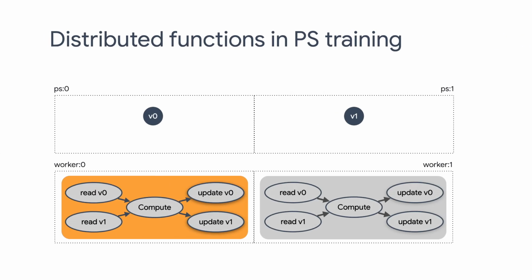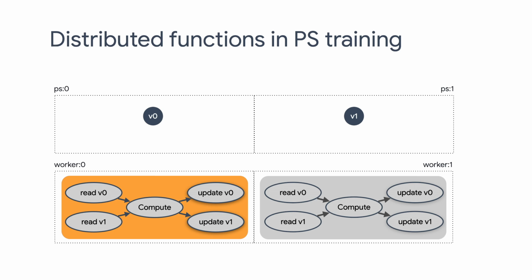Let's further zoom into these distributed functions and see how they get partitioned and executed on different tasks. Here I'm showing an example of 2 workers and 2 parameter servers. We have a very simple model with only 2 variables, v0 placed on PS0 and v1 placed on PS1. The coordinator launches a model computation function replicated on these 2 workers.